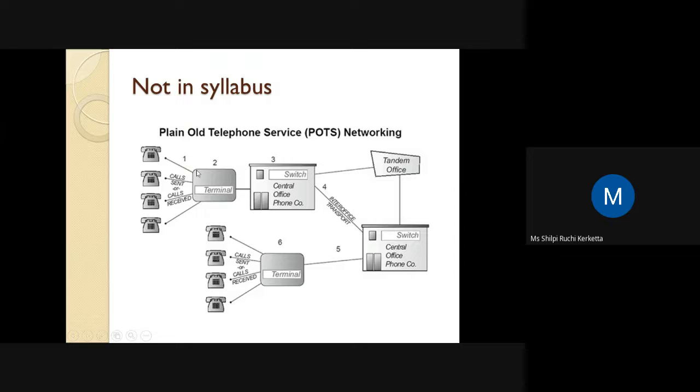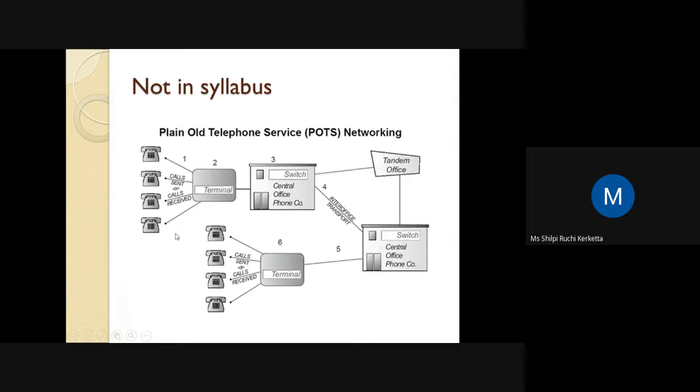What you do is, we have a pole or a terminal outside where we join all the circuits of these phones, so that the number of circuits becomes less. If we connected one phone to another phone, so many circuits would be there, it would become very messy. That's why we use this terminal to connect all the phones, and from this terminal we connect to the switch, and that's how we make calls.